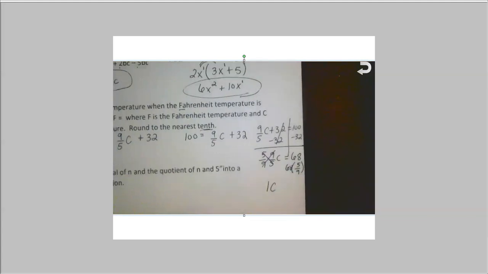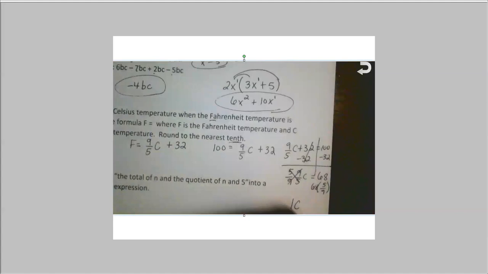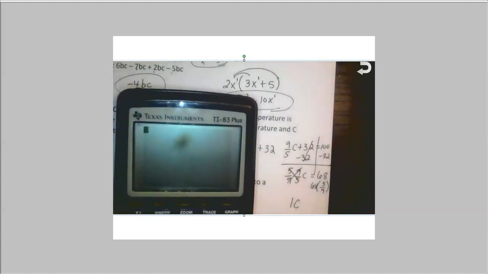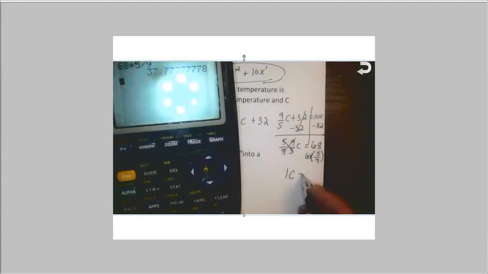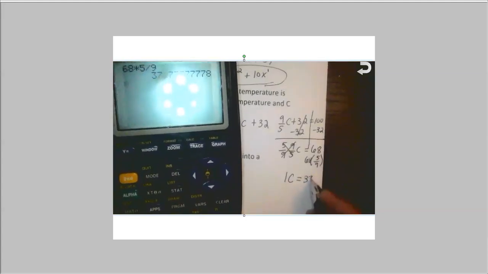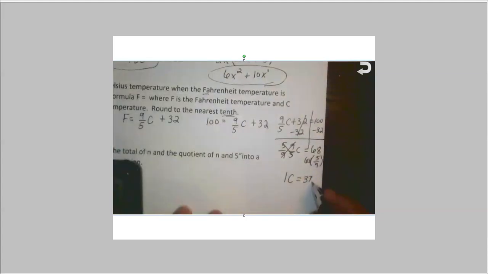Okay, let me get my calculator for that. So I've got 68 times 5 divided by 9. There's going to be my decimal. It said round to the nearest tenths place, so I need to look at the hundredths, 5 or more, bump up the score. So C is going to equal 37.8 degrees Celsius.